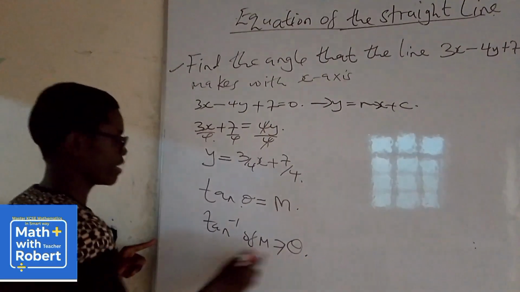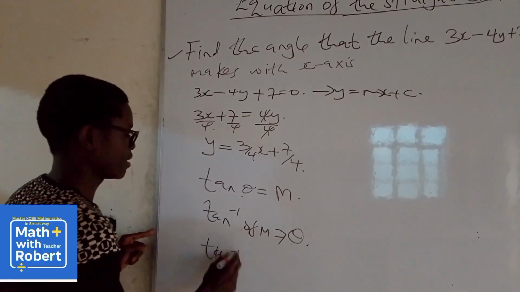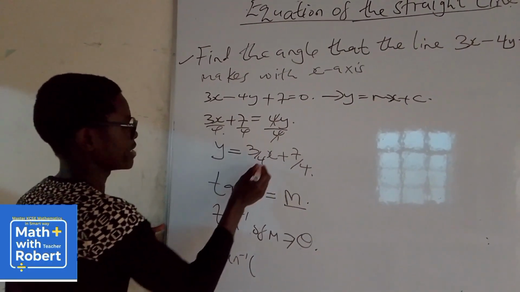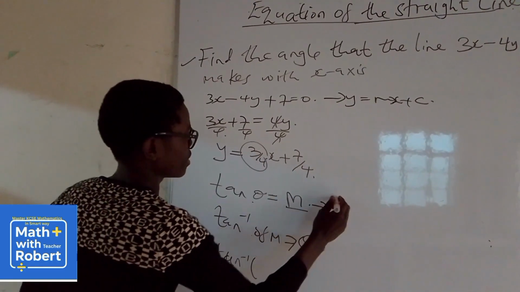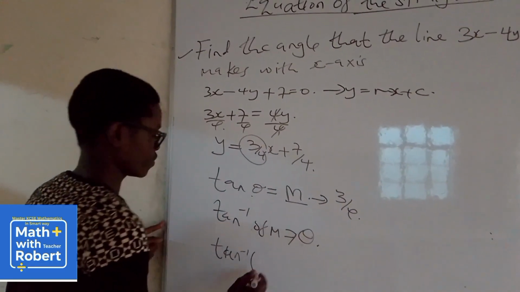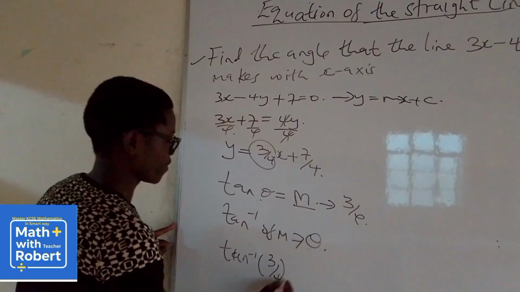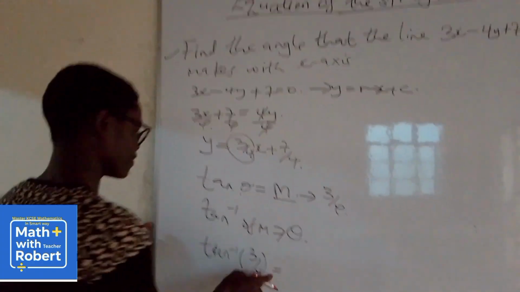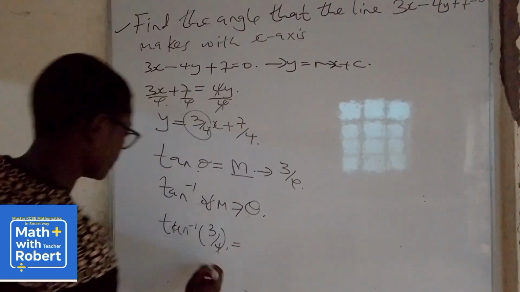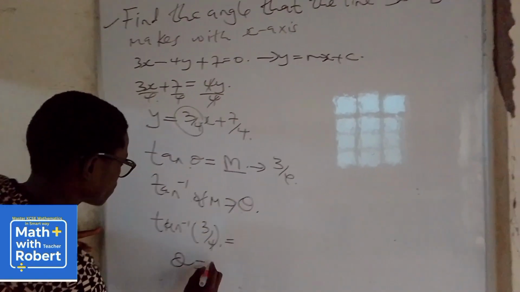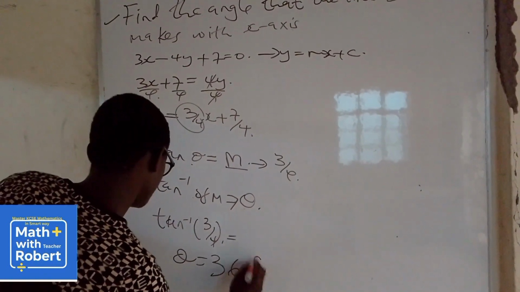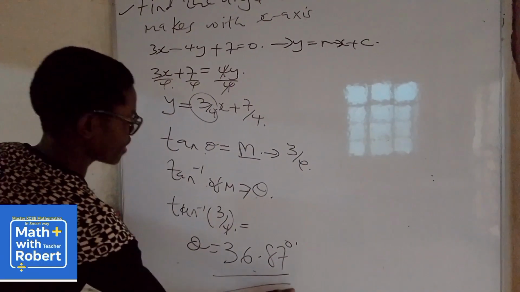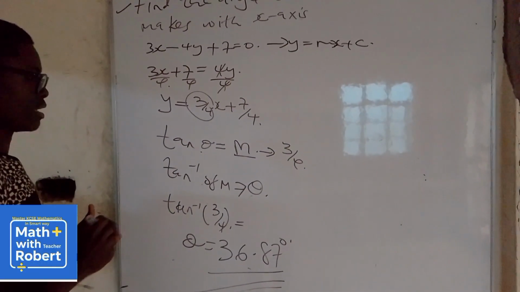The gradient is 3 over 4. So when you get the tan inverse of 3 over 4, we get theta is equal to 36.87 degrees. So that is the angle that the line makes with the x-axis.